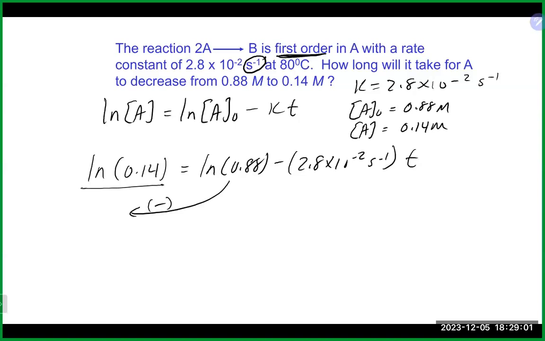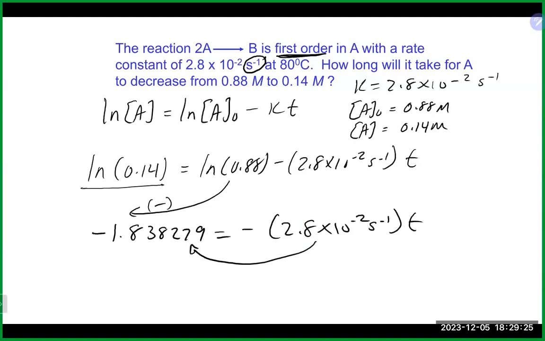And if you do that, a little natural log here, 0.14 minus the natural log of 0.88, going to get us a negative 1.838279 equals negative 2.8 times 10 to the minus 2 reciprocal seconds times time.